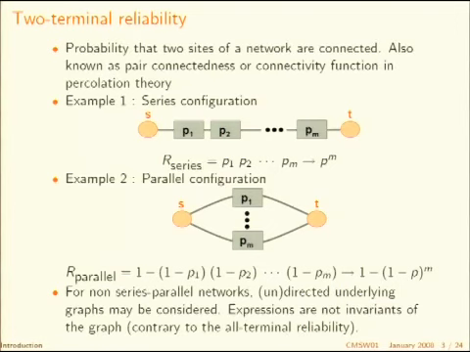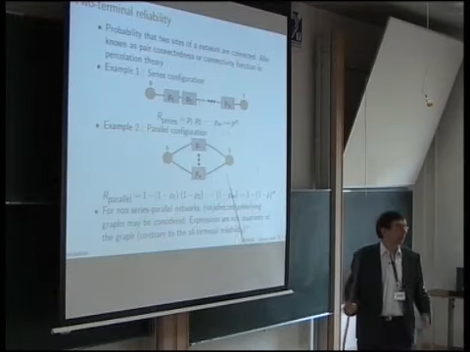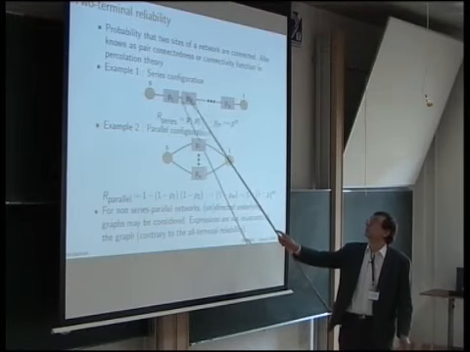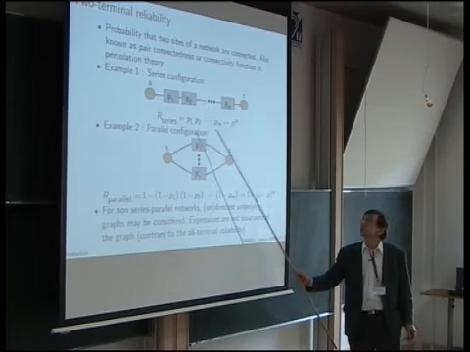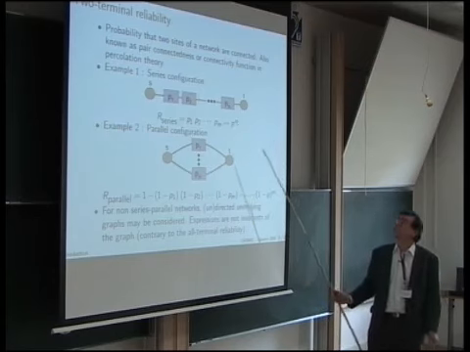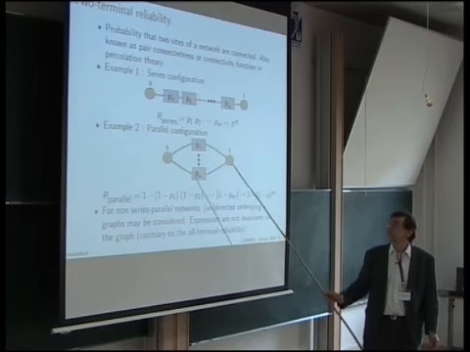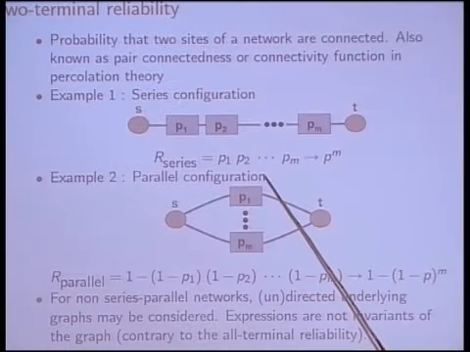It gets more complicated. I've got two very simple examples, going back to series and parallel graphs. If you want to go from here to there, and the probabilities of the pieces of equipment you are using are p1, p2, up to pm, the two-terminal series reliability will be the product of such probabilities. In the case of a parallel configuration, you add some redundancy to the system.